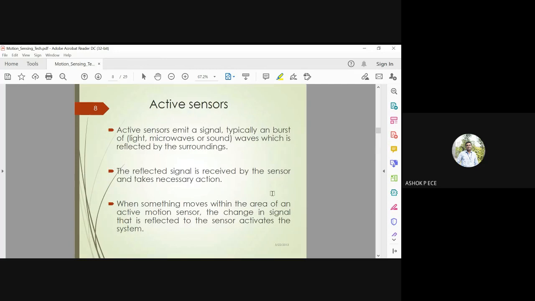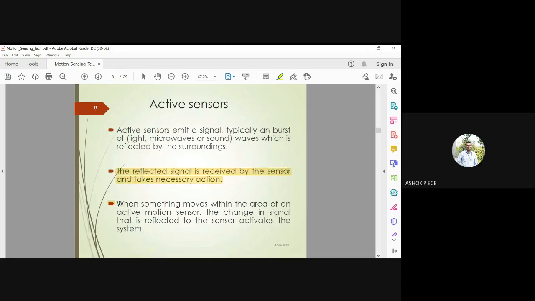Active sensors are going to emit a light which is reflected by the surroundings. They emit infrared light using LEDs, which travels in the forward direction, and if there is any obstacle, it is reflected by the surroundings. The reflected light is received by the sensor, and we take the necessary action.